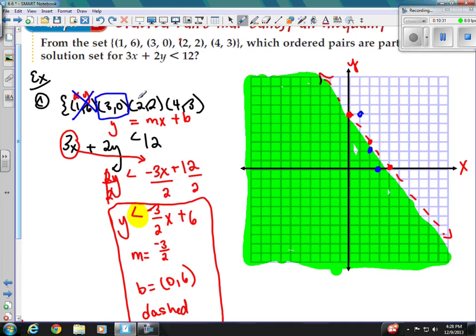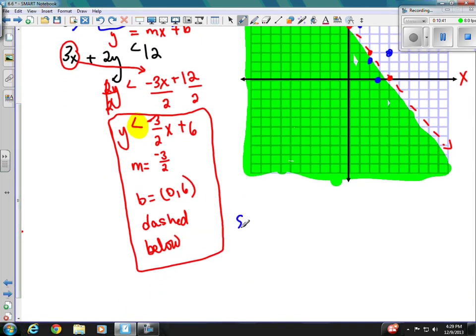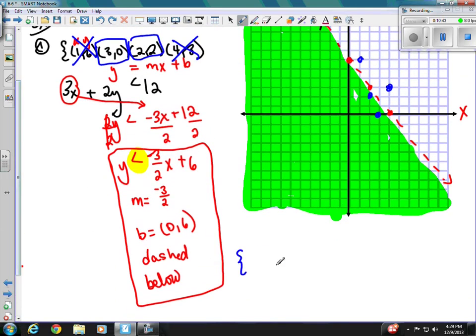That's also green, so it's a solution. Then (4, 3), so right 4, up 3, that one's not, so that one's not a solution. So our solution set for this would be (3, 0) and (2, 2). There we go, and we just found our solution region.